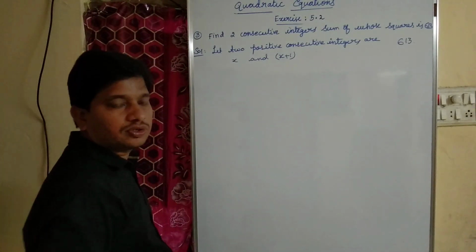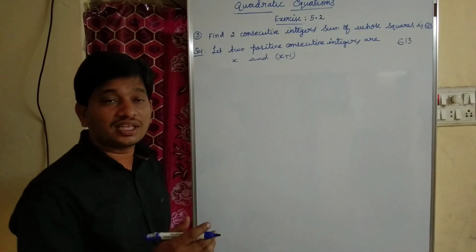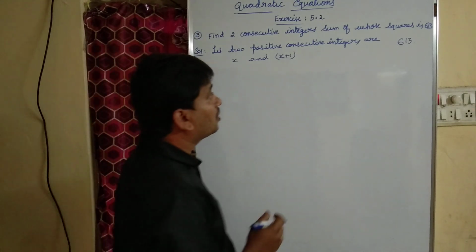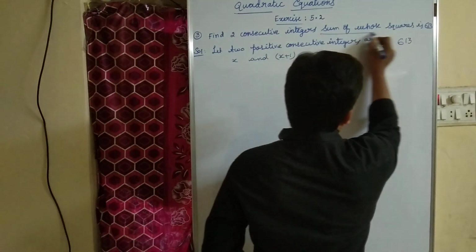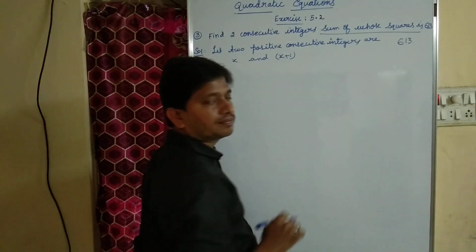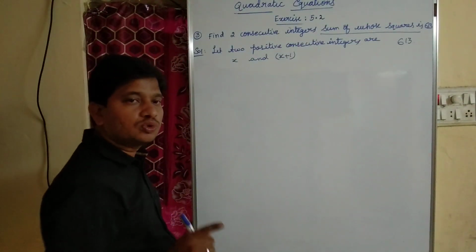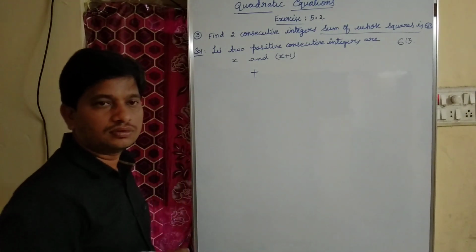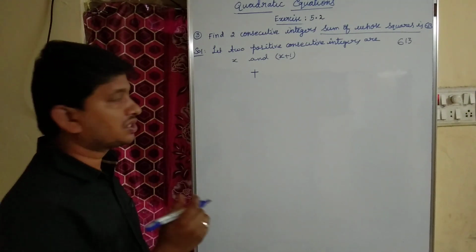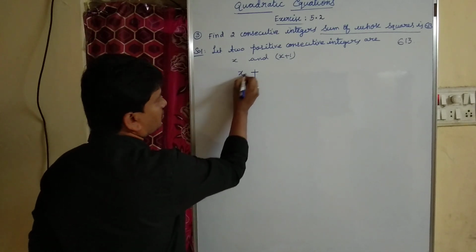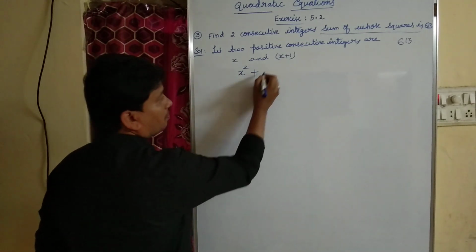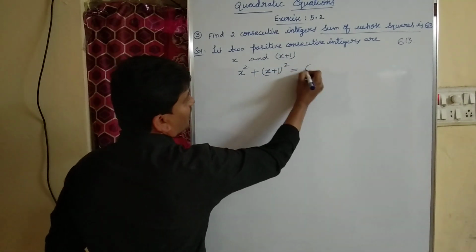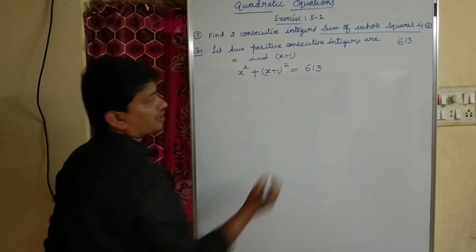As I told you, consecutive integers are one after the other. But according to the statement, sum of whose squares. Sum means plus, and squares means x square plus (x plus 1) whole square. Sum of whose squares is 613.